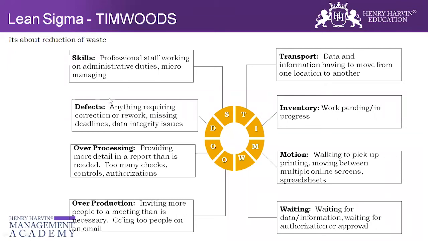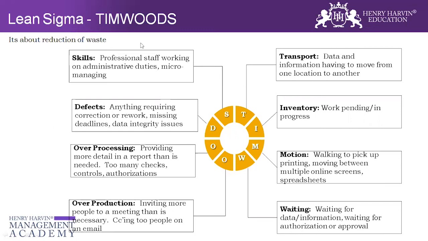Then it's a defect. Okay, anything requiring correction or rework, which is not meeting the customer requirement, is referred to as a defect. And when I talk about skills, it means unnecessary people or unnecessary skills which are not required, and I have hired people for that. So that's a cost for the organization.